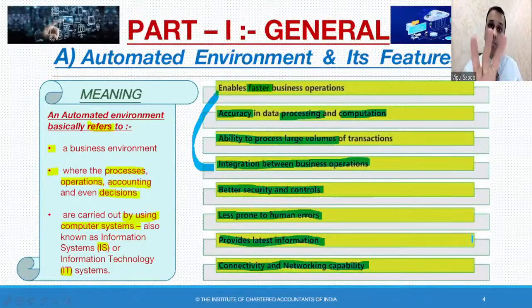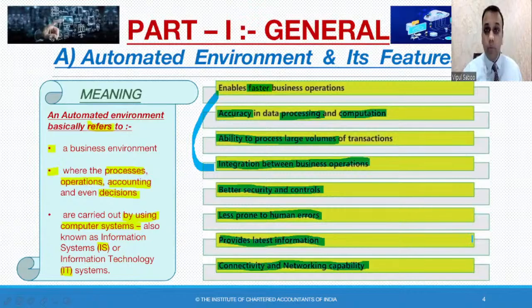But with data maintained electronically under automation, it can be connected. We can get connected to any part of the world. But there are methods where we can get connected within a particular building, within an area. You might have read about wide area networks, VPNs, LANs. What is this spread? That is connectivity and networking capability. These are the features of an automated environment.